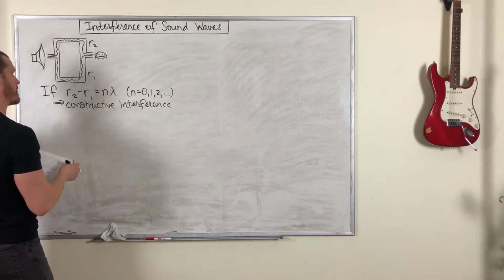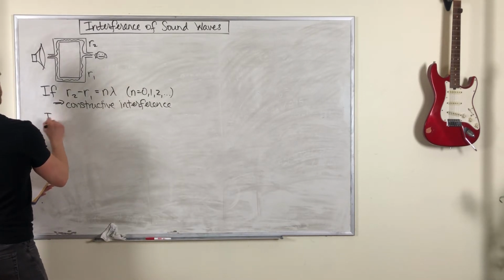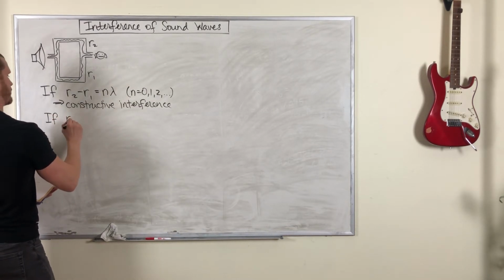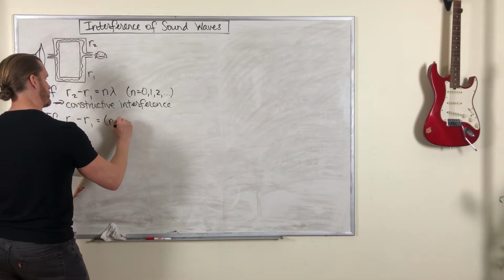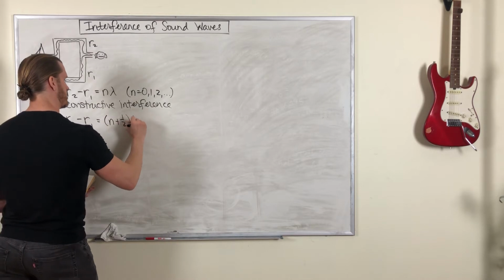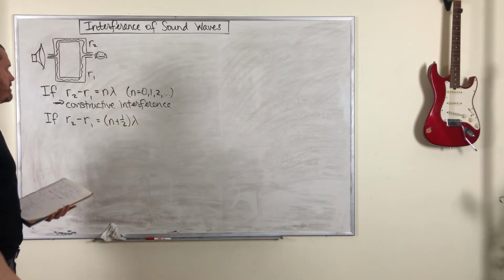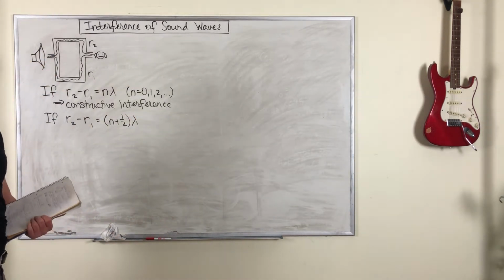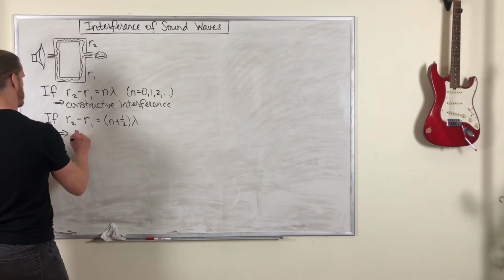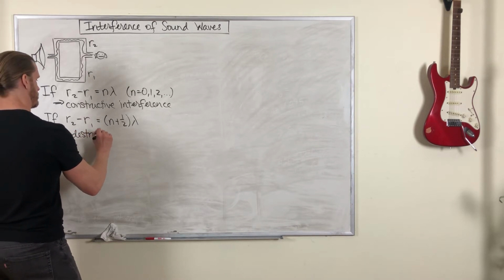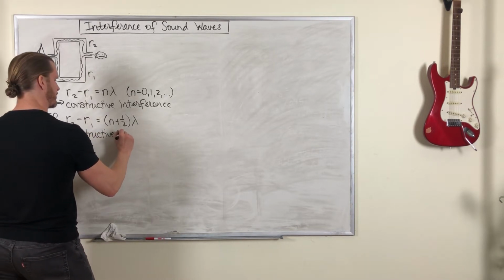On the other hand, if the difference in these lengths is half of a wavelength, or an integer plus 1/2, then you have destructive interference.